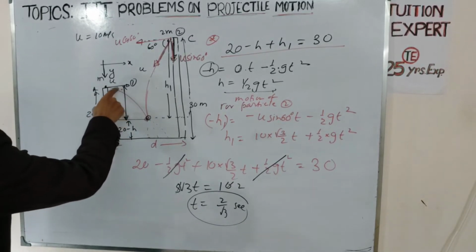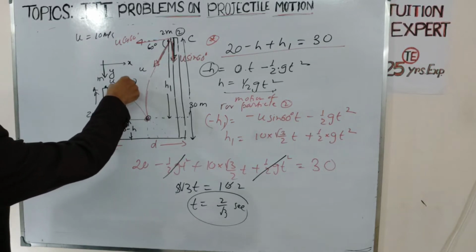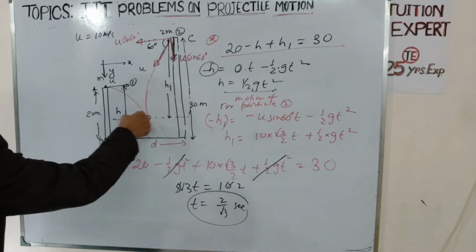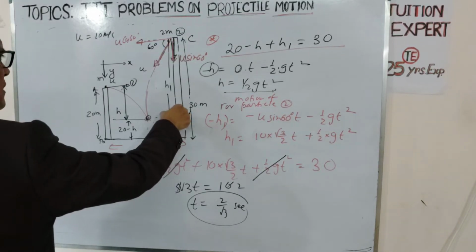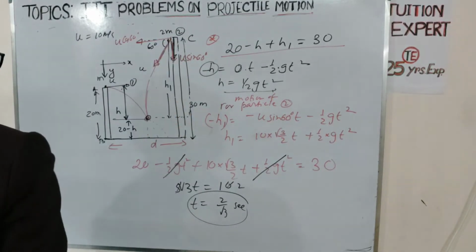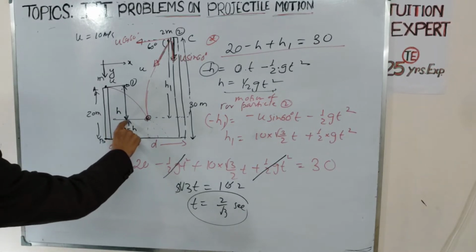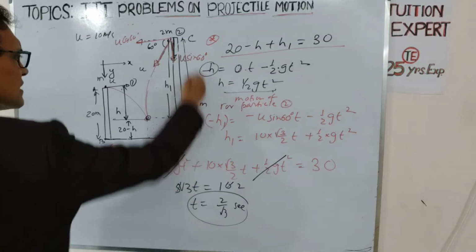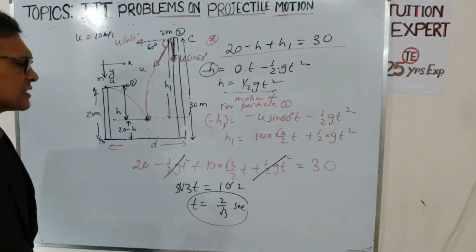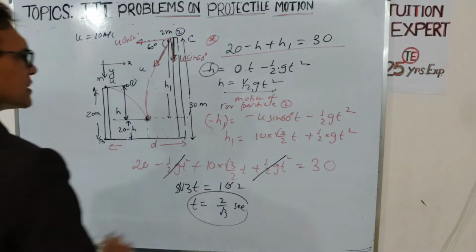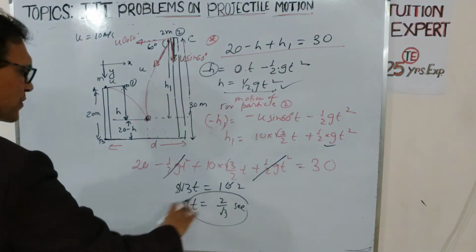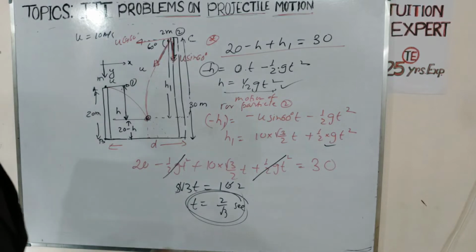Considering the equation of motion, the vertical distance traveled by particle 1 is h, and the vertical distance covered by particle 2 is h1. So this should be 20 minus h and this should be h1, and this plus this is 30. From that equation we get h and h1. Putting h and h1 here, we get the time taken t.